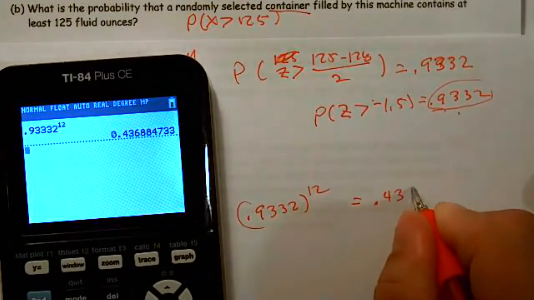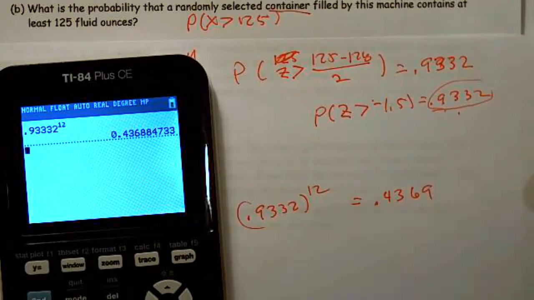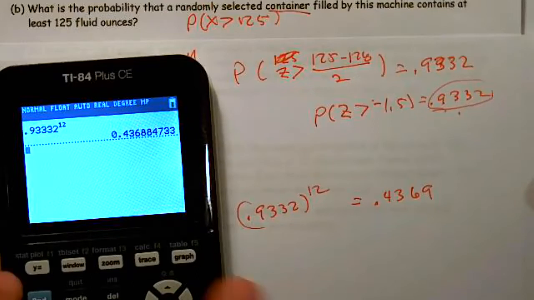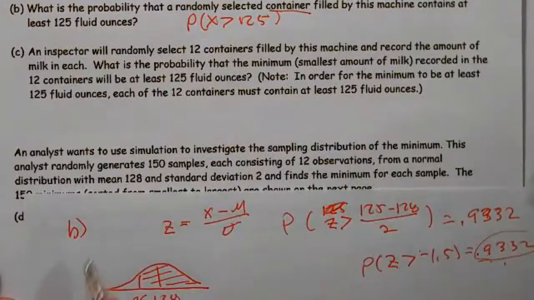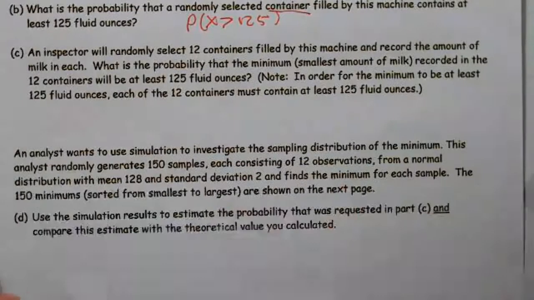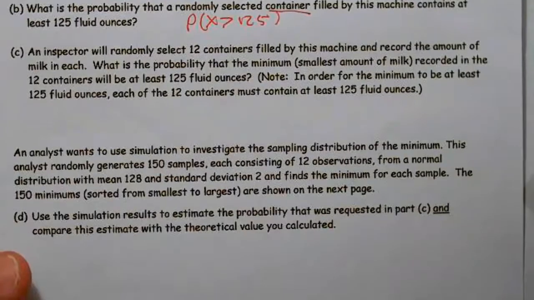And what I learn is if I had 12 containers, there's a less than a 50% chance that all 12 would have had the right amount. Okay. All right. So A was worth 1 point, B was worth 1 point, C was worth 1 point. And then we get to the simulation in part D.